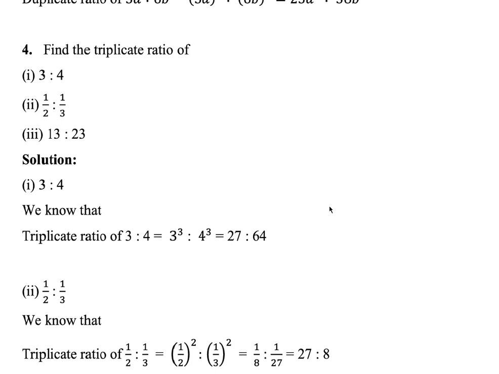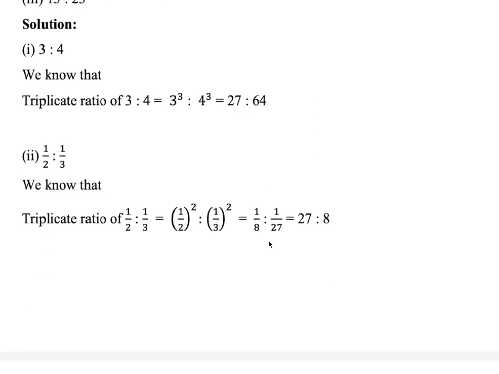Come to the next problem. Find the triplicate ratio of 3:4, 1/2 is to 1/3, 1:2. So if we want to do the triplicate ratio, just cube both sides. So 3 to the power 3 is to 4 to the power 3, that comes to 27 is to 64.